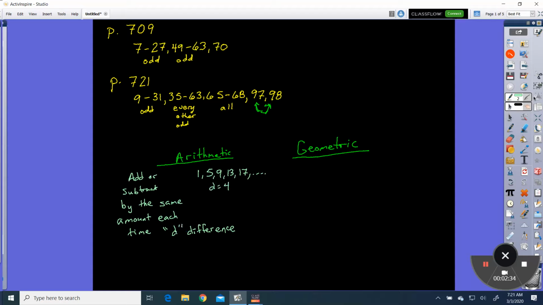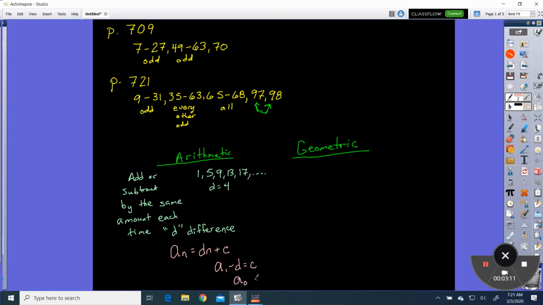I guess we might as well use that example and carry on with it. We'll make a formula out of it, or make a general equation for this. So if it's arithmetic, it will always follow this pattern. AN equals DN plus C, where D is the difference, N is the term you're after, and then C is A1 minus D. Or if you want to think of it this way, it's the 0th term.